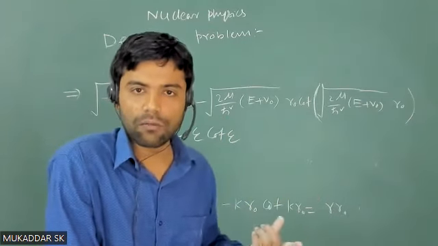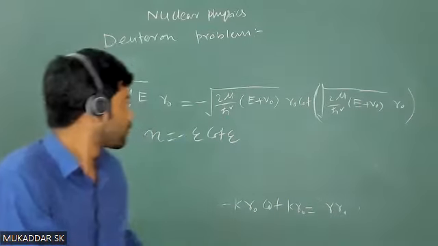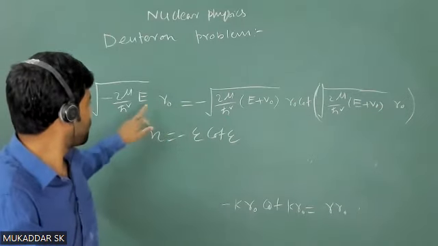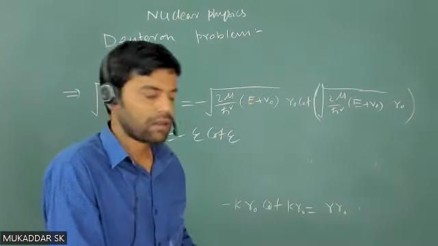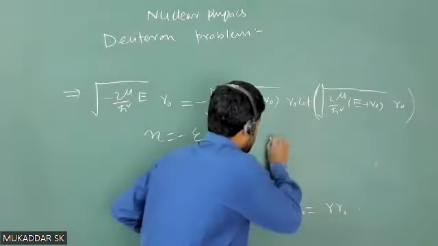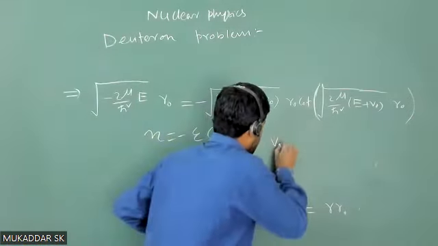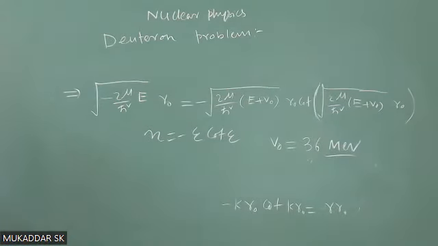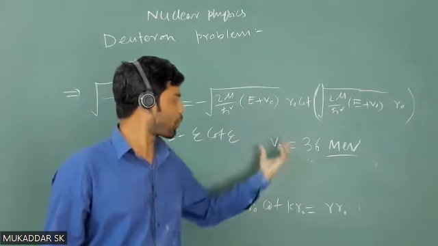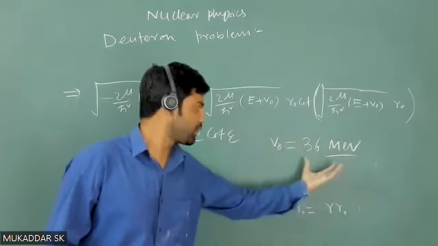If you substitute the values of all parameters, you will get the value of V naught, which is 36 mega electron volt. That is the strength of the potential.